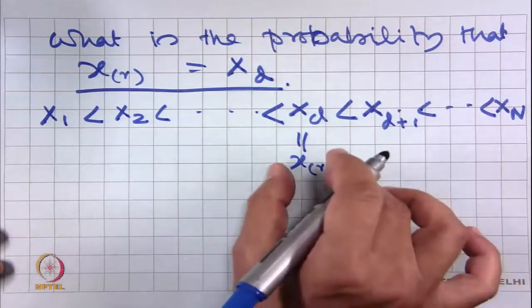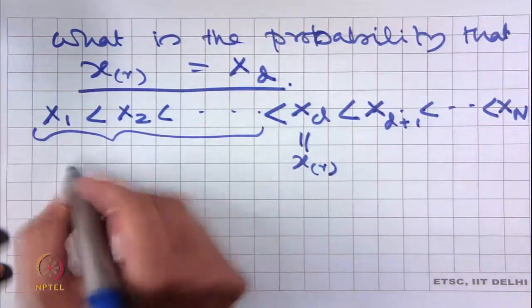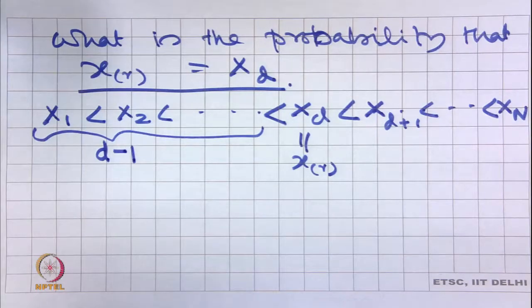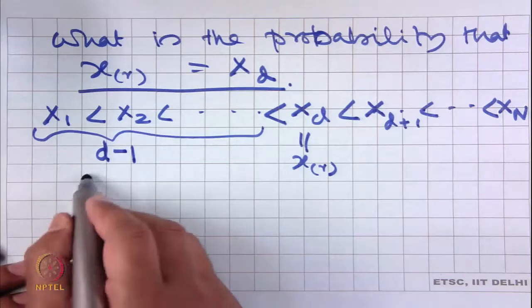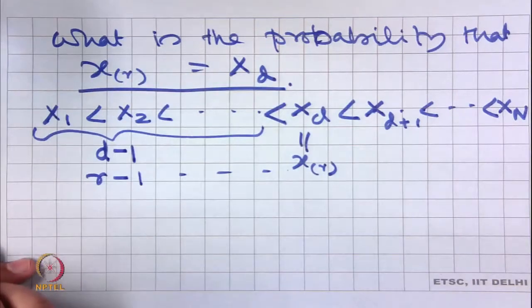Since rth order statistic is equal to x d, we have exactly d minus 1 elements on this side, and in the sample we have r minus 1 elements below this.